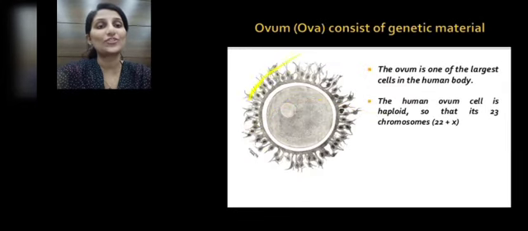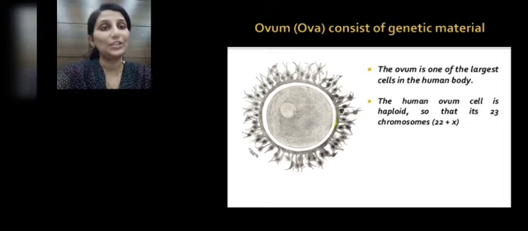See, this is the structure of the ovum. Unlike the sperm, the ovum is not motile. Sperms are very small, whereas the ovum is quite large, and it is the largest cell in the human body. It has a nucleus surrounded by cytoplasm, and it has the genetic material.